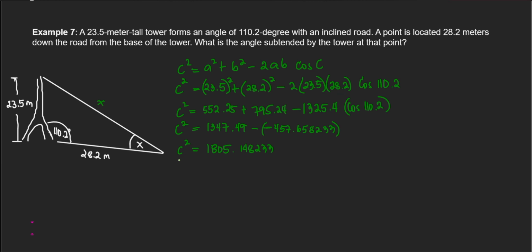So since ang c is naka-raise to the power of 2, so ang gawin natin is i-raise or square both sides para ma-cancel out natin yan. So c na lang matira. So square root, the answer is equal to 42.49.